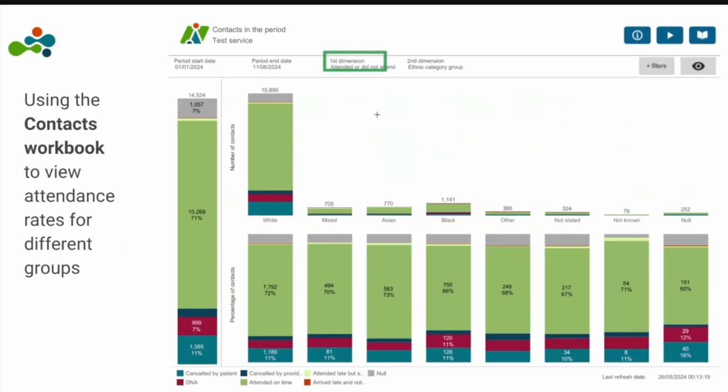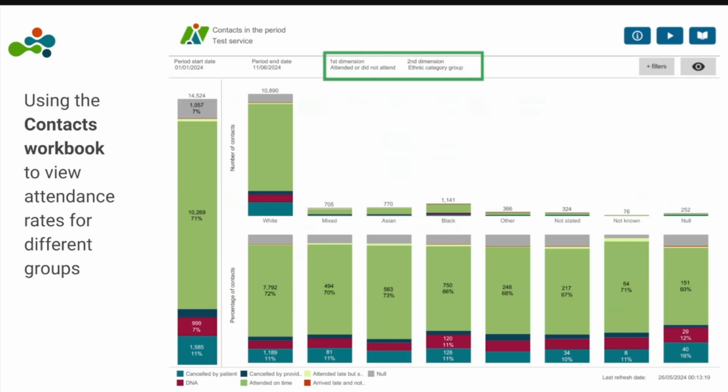So on this tab again, we can identify two different characteristics about those referrals. In this case, we've set the first dimension as attended or did not attend, and the second as ethnic category.